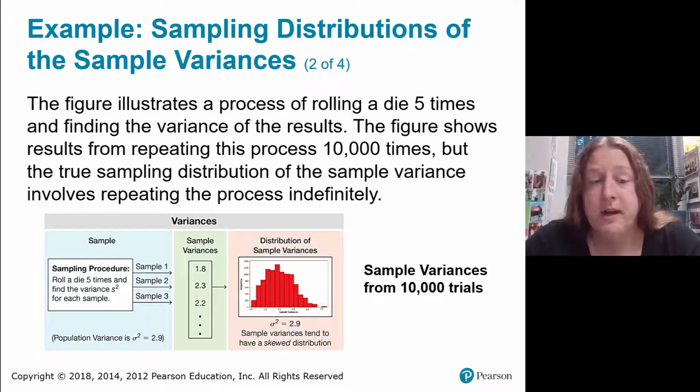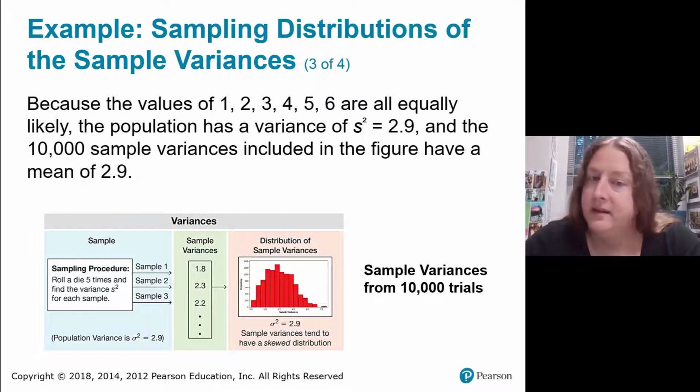So we see that skewed right behavior. But again, the mean of these variances is 2.9, which is our population variance. And again, that's what we have here.